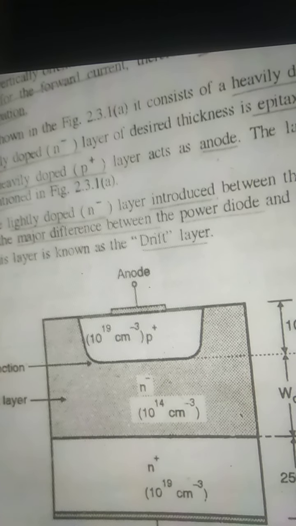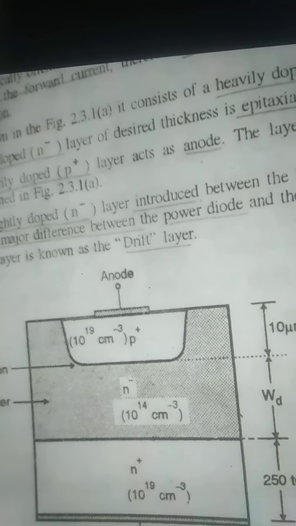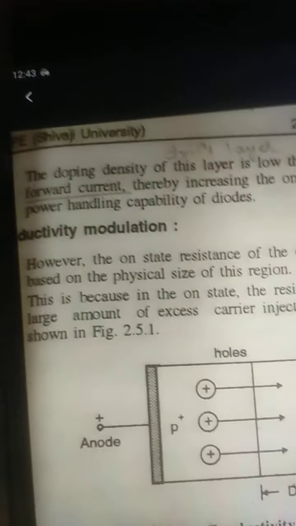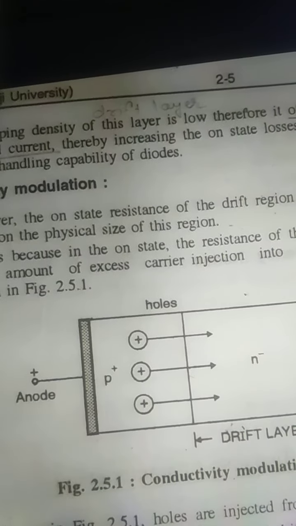More area of cross section for forward current is required, and that's why these power devices have a vertically oriented structure.